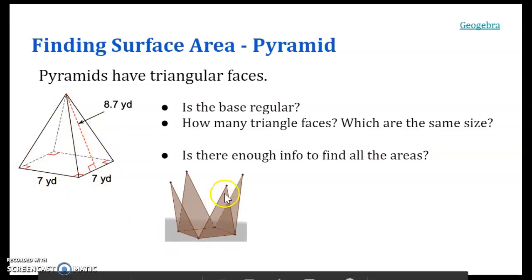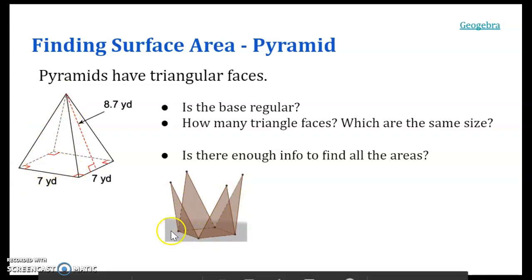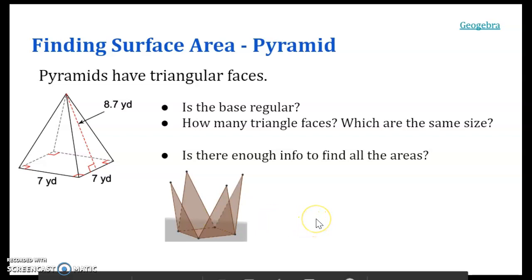There is one triangle, and this is another triangle, and there is a third triangle which is at the back in this case, and then finally the last triangle is back there. So the best thing is you need to try to visualize this as much as possible, and it will make it a whole lot easier for you.